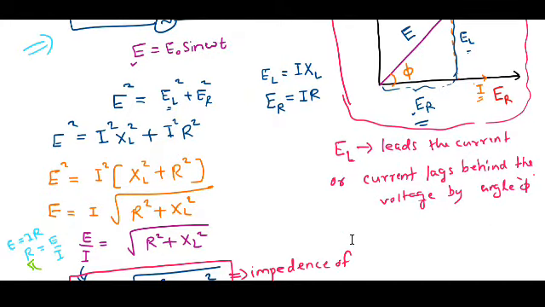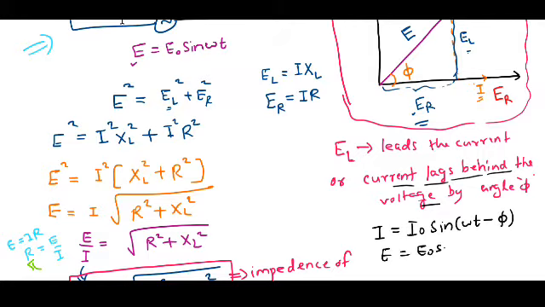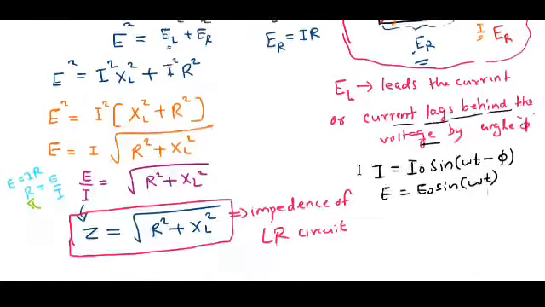Therefore we can write the expression for the current here as I is equal to I0 sine(omega t minus phi), because here the current lags behind the voltage. The voltage can be written as E0 sine omega t.